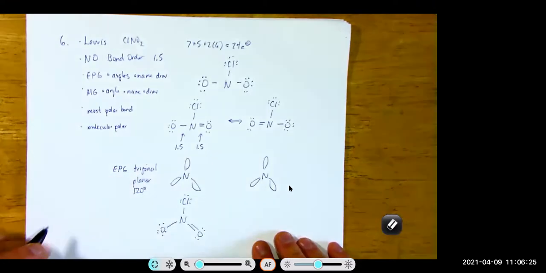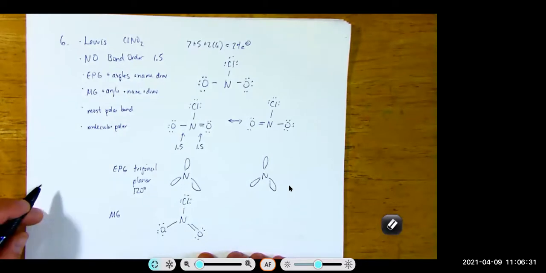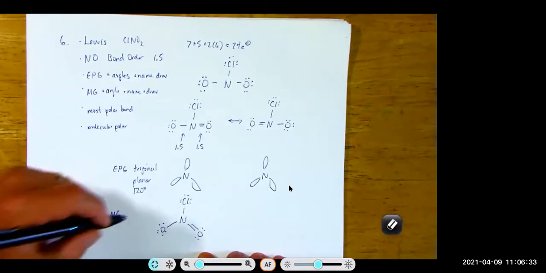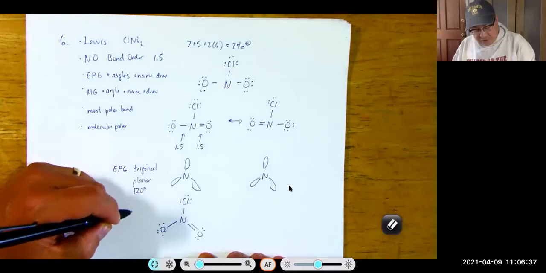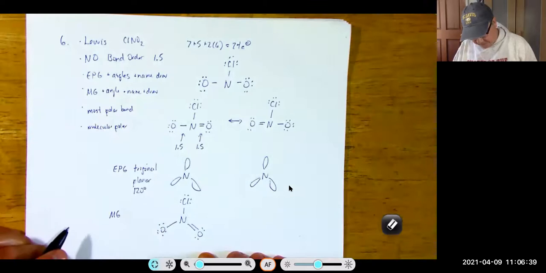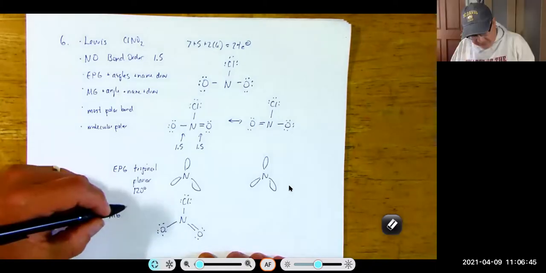Yeah. And what are we going to call this guy? It's completely flat. So we have to name it, draw it, and give the angles. Trigonal planar, that's the name for this one.